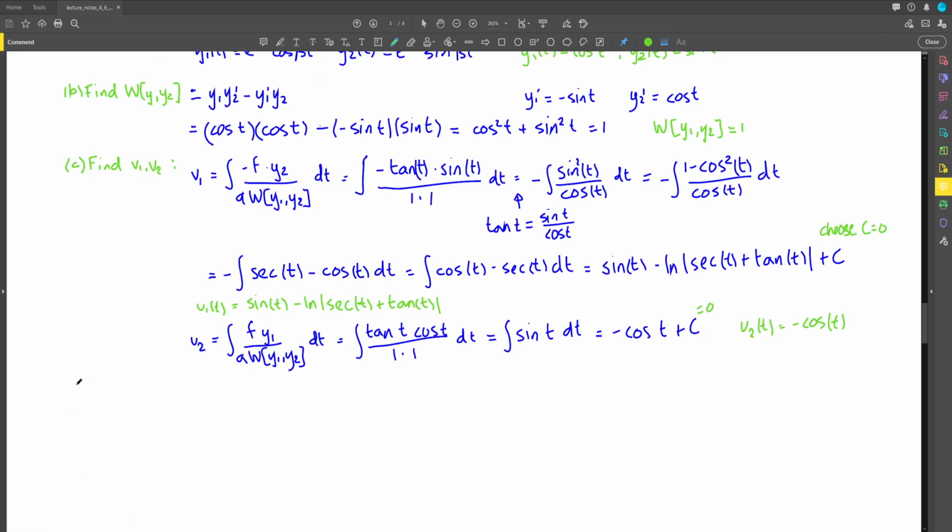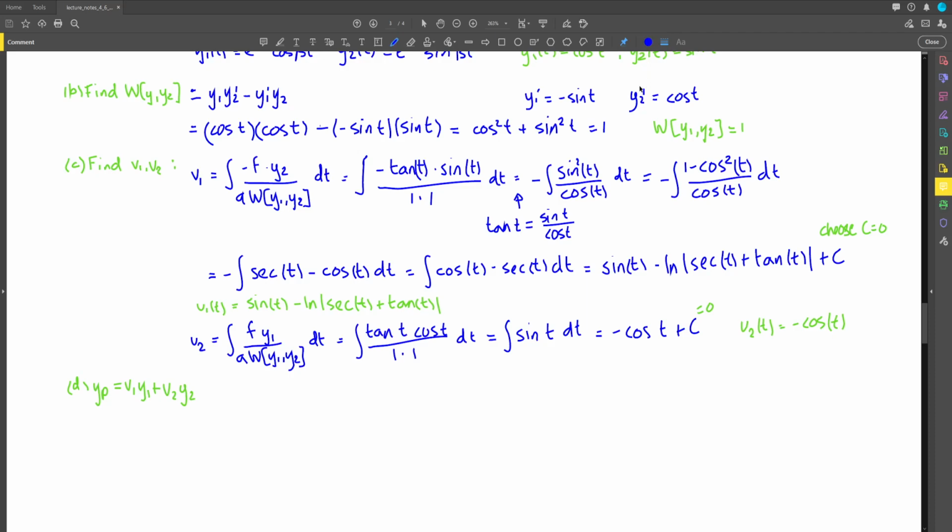Okay, the fourth step for finding the particular solution is to find that yp is equal to v1 y1 plus v2 y2.